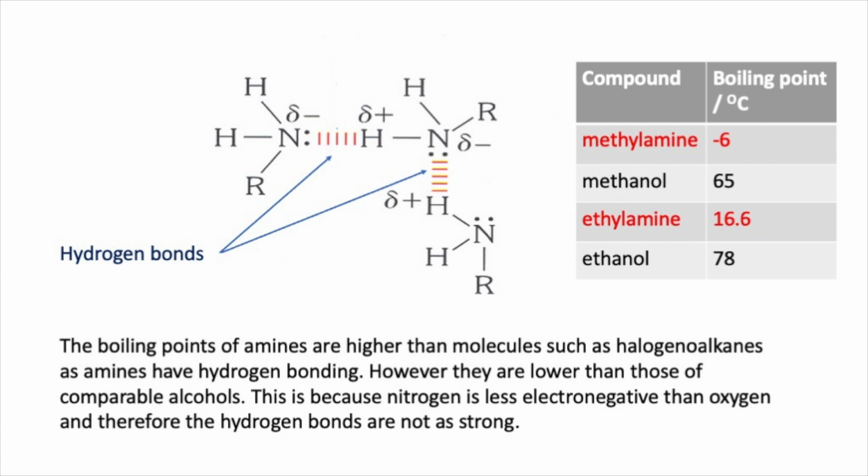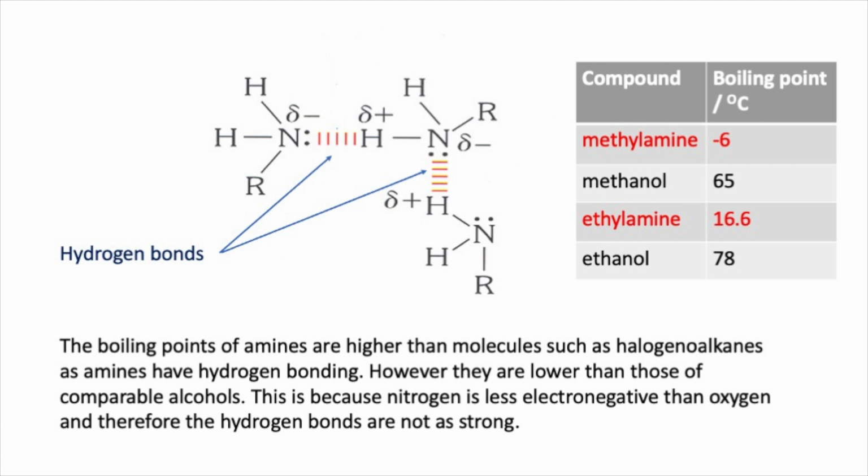However, the boiling points of amines will be lower than comparable alcohols and carboxylic acids because nitrogen is less electronegative than oxygen, and therefore the hydrogen bonds are not as strong. An NH bond is not as strong a dipole as an OH bond.